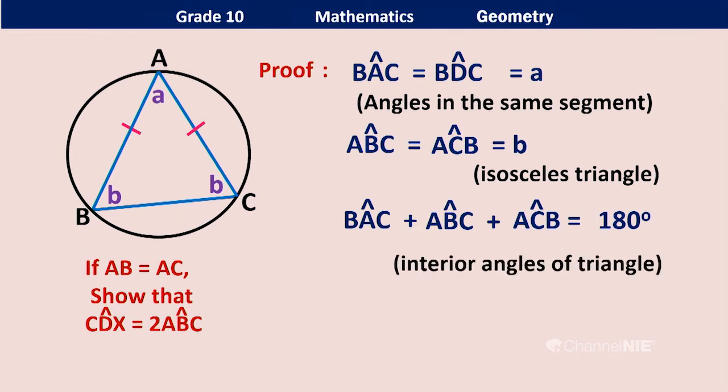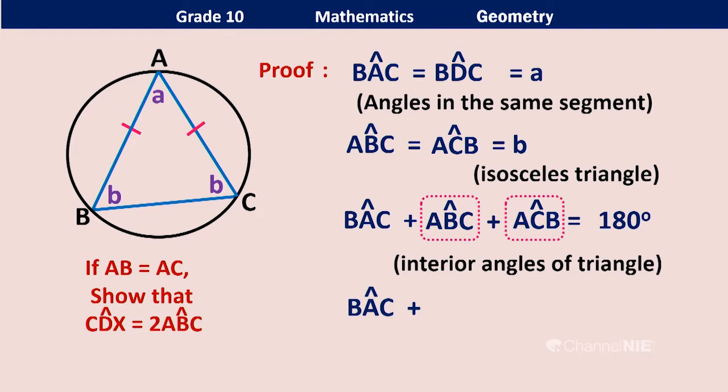So, we have to mention the reason as well. So, we can say angle BAC plus angle ABC and angle ACB. What can you say about these two angles? Previously, we got that those two angles are the same.